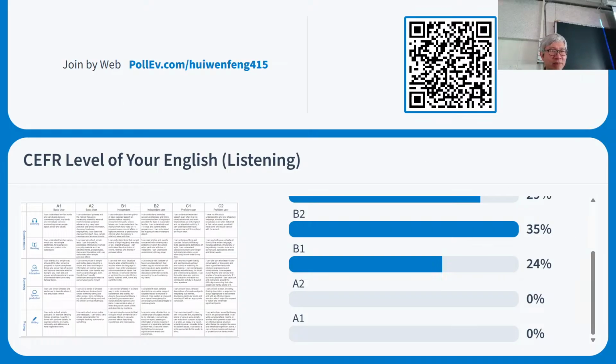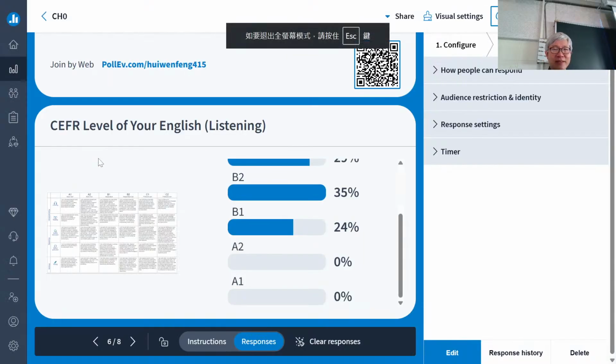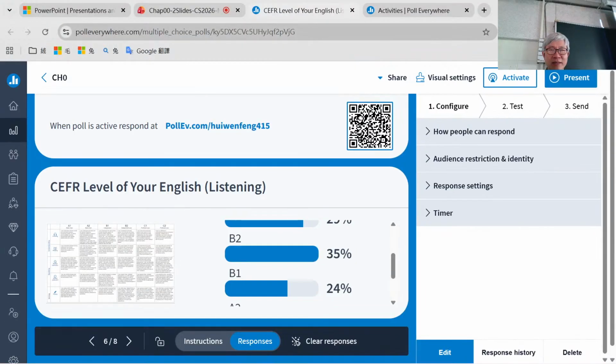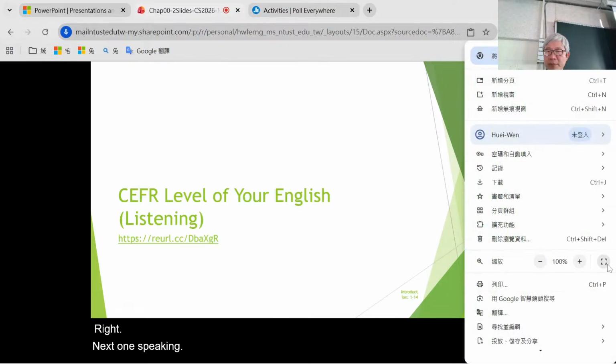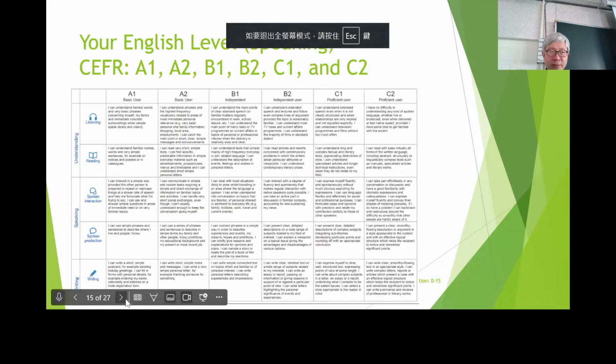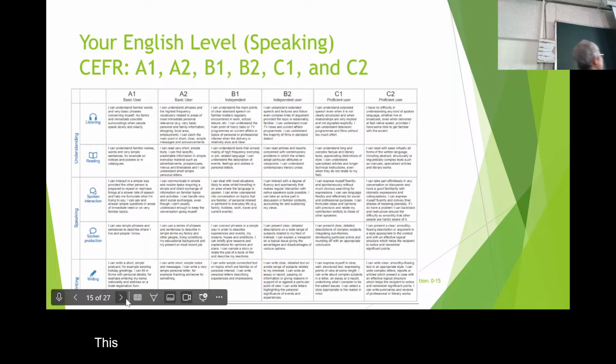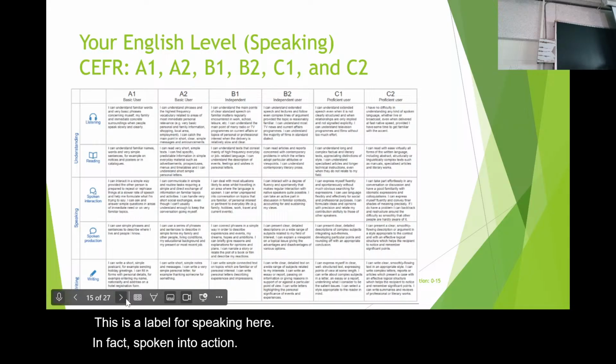Well, next one, speaking. This is the level for speaking here. In fact, spoken interaction, or maybe spoken production, I'm not sure. At least you can share one of those.